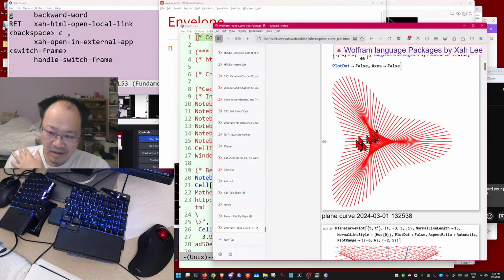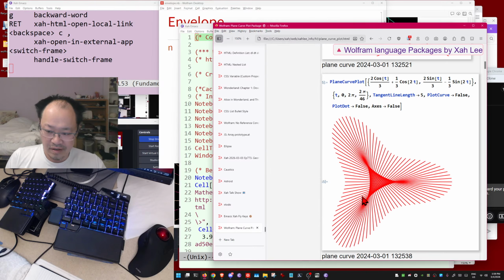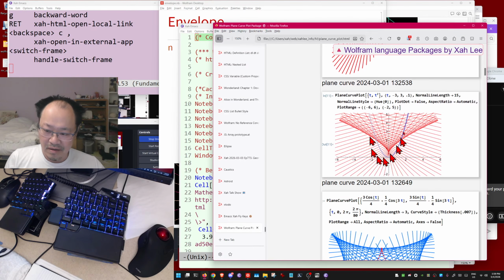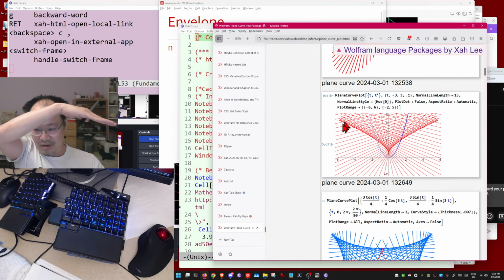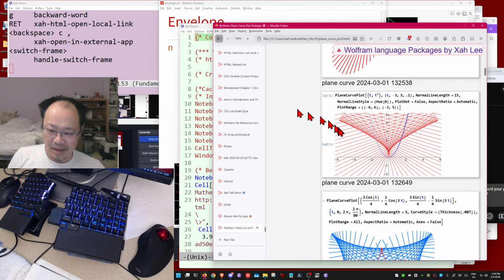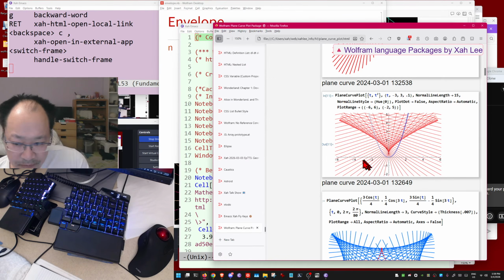So you see, these are normal lines to this triangular shaped thing called a deltoid. Now the blue is a parabola, and you draw all the normal lines to all the points on the parabola. You get this. They form this V-shaped thing, and I believe that's called a semi-cubic parabola.